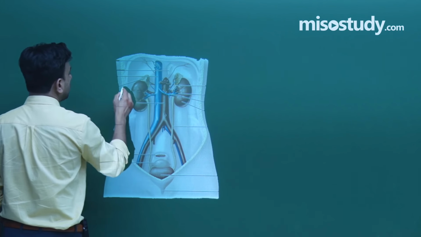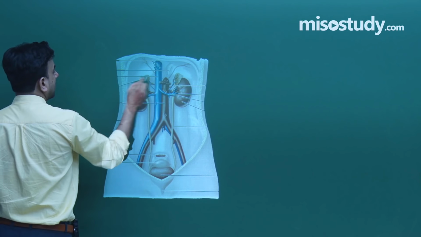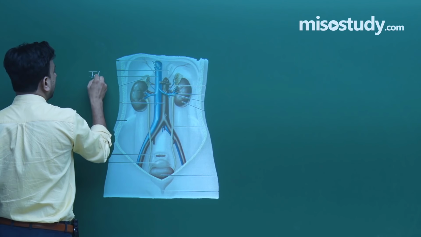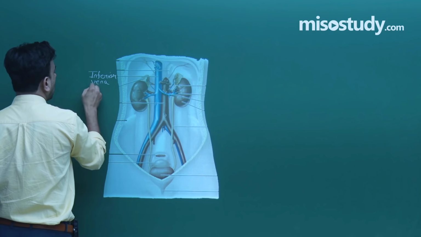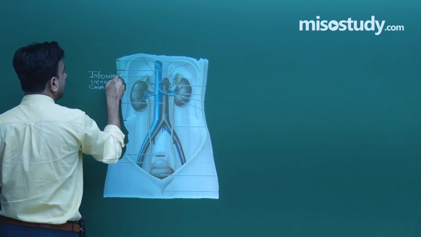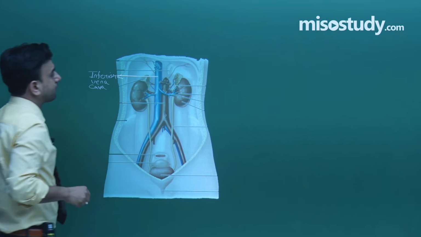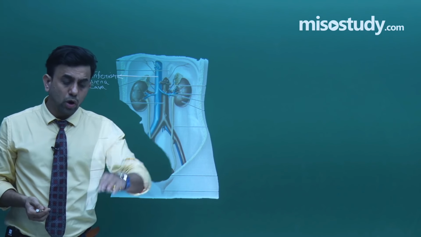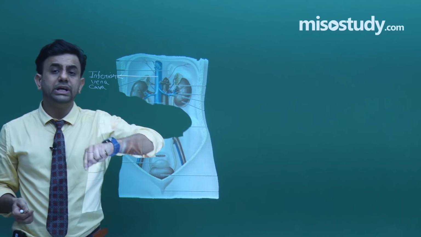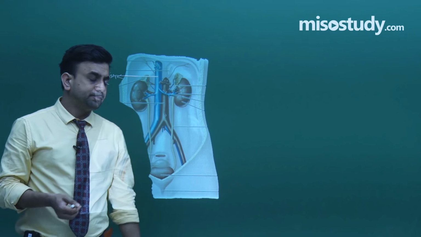So this blue part is the inferior vena cava. We all know what the inferior vena cava is, right? It drains the deoxygenated blood from the lower parts of the body back to the right atrium.